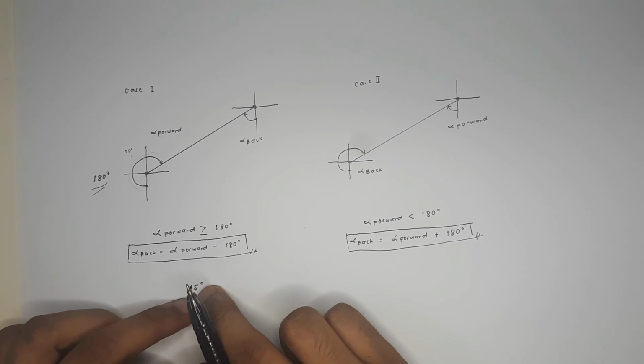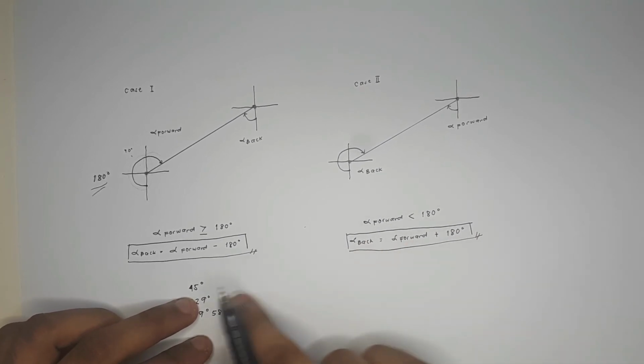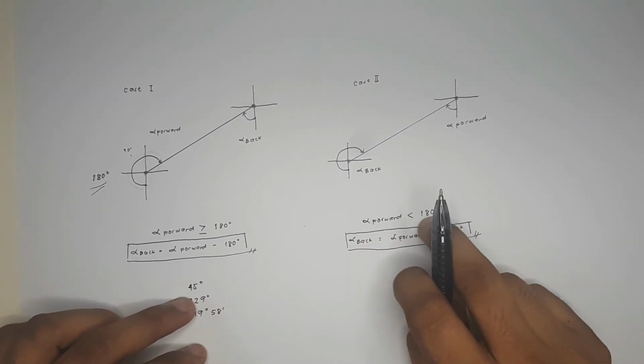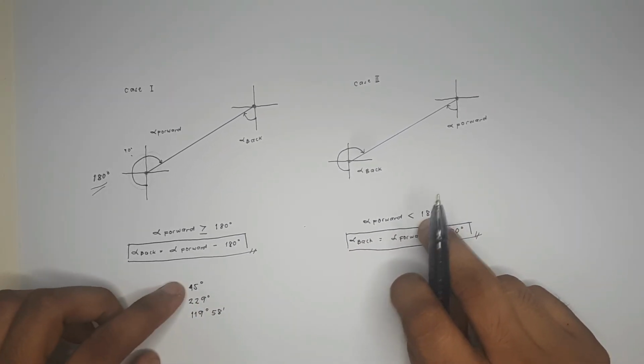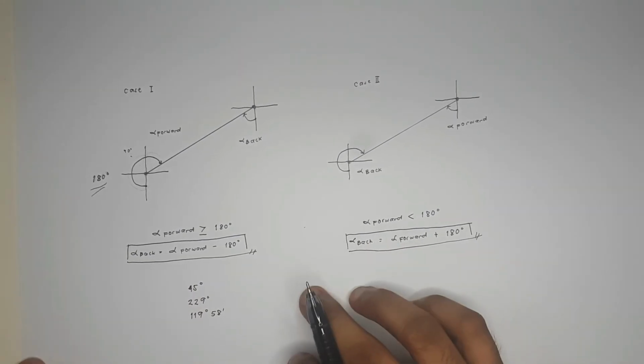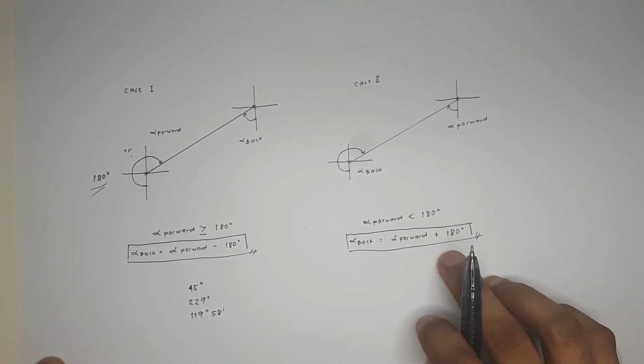Since 45 degrees is less than 180 degrees, in order to get our back azimuth, we need to add 180 degrees.